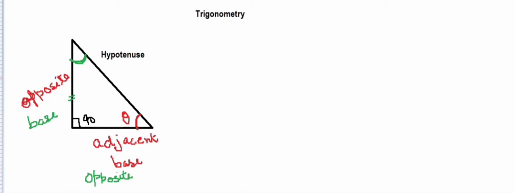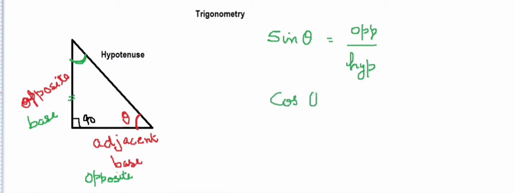Okay. Now we have 6 trigonometric ratios defined on this. First is your sine theta. Sine theta is defined as opposite upon hypotenuse. Then second is your cos theta. Cos theta is defined as base or adjacent upon hypotenuse.